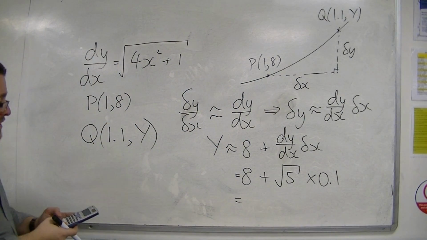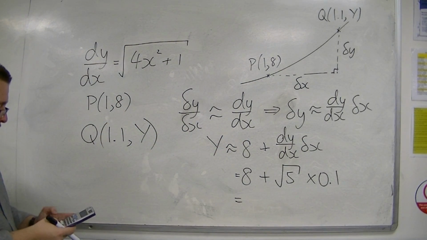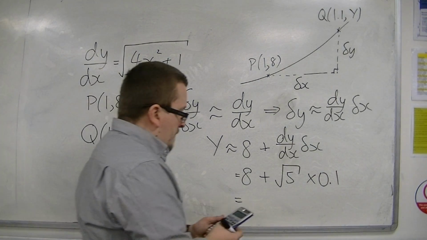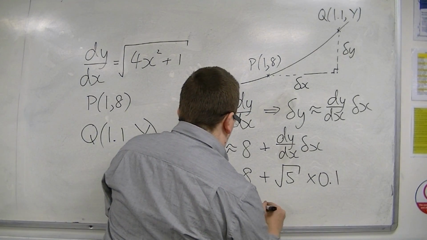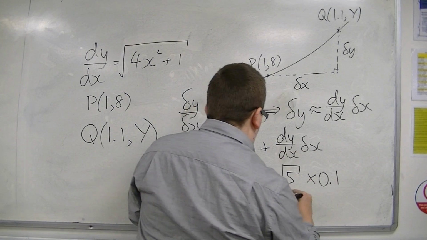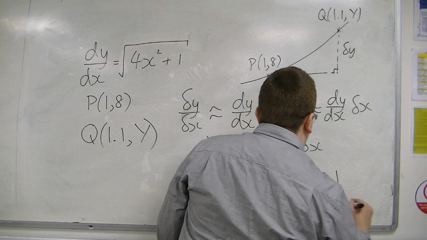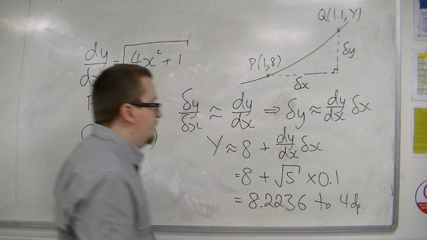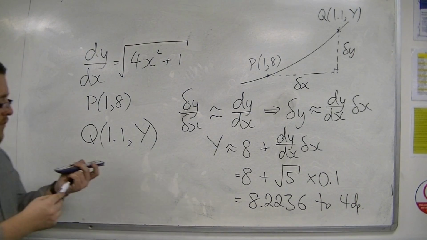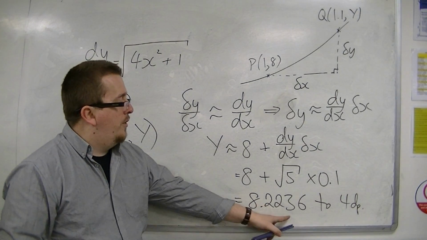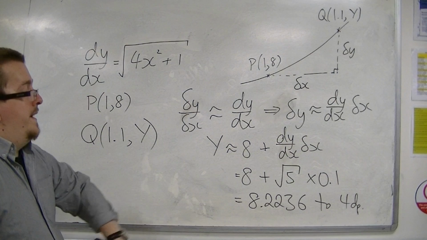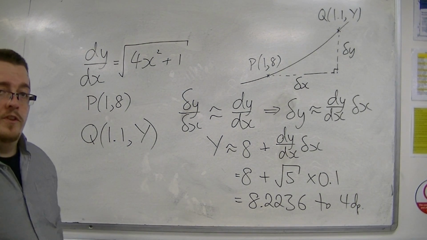So I would get 8 plus root 5 times 0.1, which is 8.2236 to 4 decimal places. Okay, so that would be an estimate, an approximation for y. So that would be my coordinate.